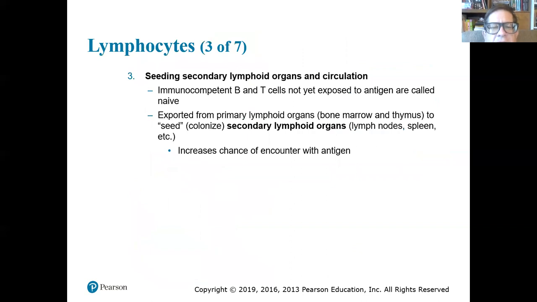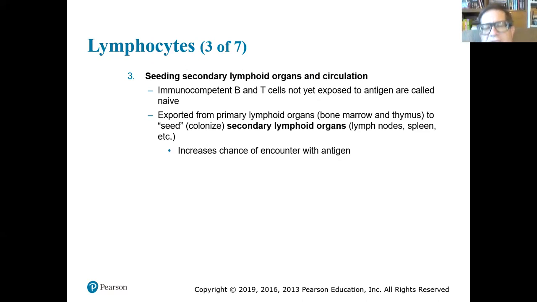All right. So 3, seeding of lymphoid organ circulation. B and T cells that haven't seen an antigen yet are what we call naive. They are sent to secondary organs. That could be the spleen, could be a lymph node, but they leave the bone marrow or the thymus and they go to some other place.